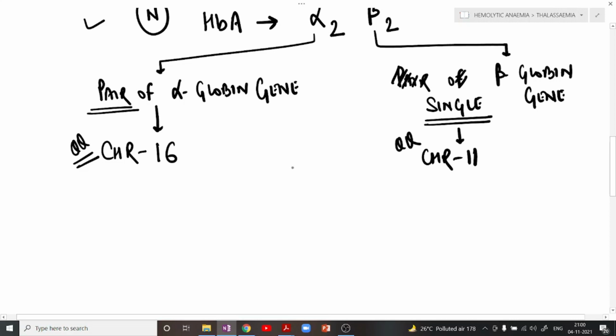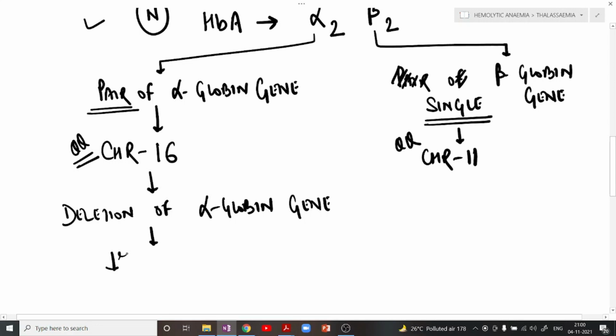Now, very important: in thalassemia there is a specific kind of genetic alteration that occurs. There is a deletion of the alpha globin genes, because of which there is decreased synthesis of the alpha globin chain.